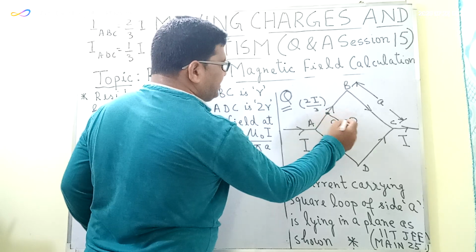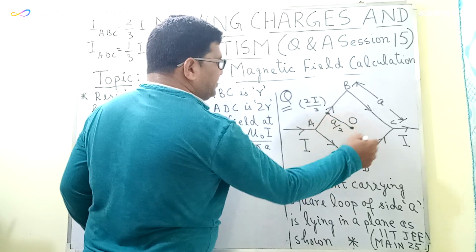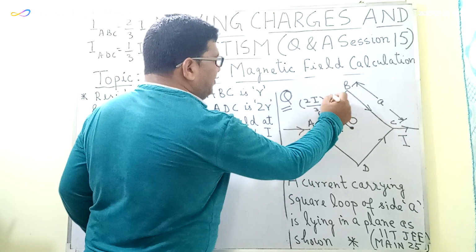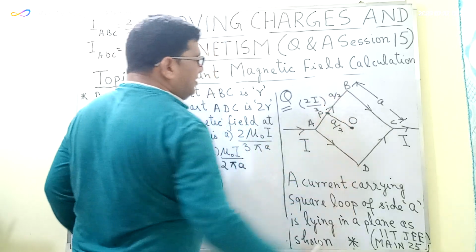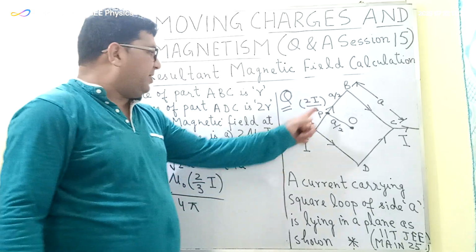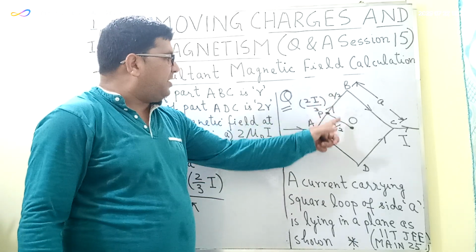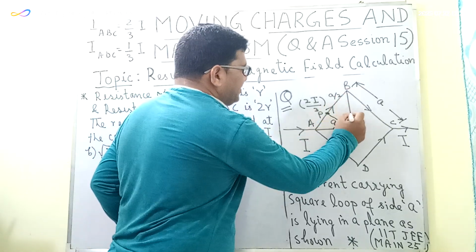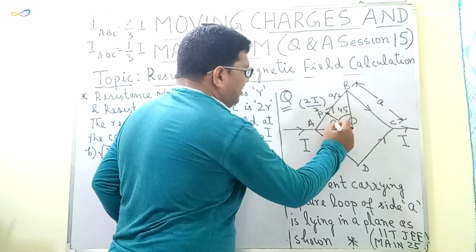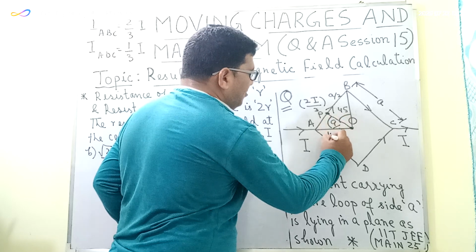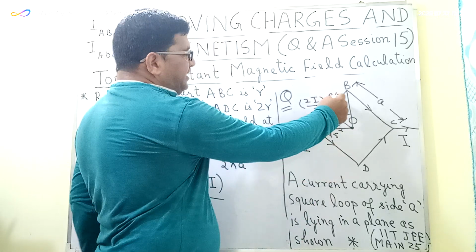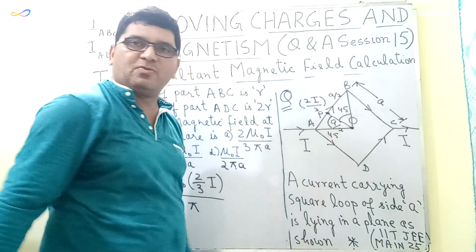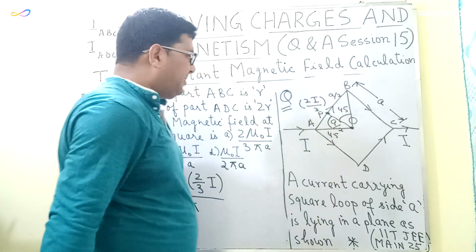Similarly, let us say this point is P. So the length of PB will also be equal to A by 2 because this is the midpoint of AB. So if this is A by 2 and this is A by 2, then this angle will be equal to 45 and this angle will also be equal to 45 because tan theta is equal to perpendicular upon base. So tan theta will be equal to 1. So theta will be equal to 45 degree.